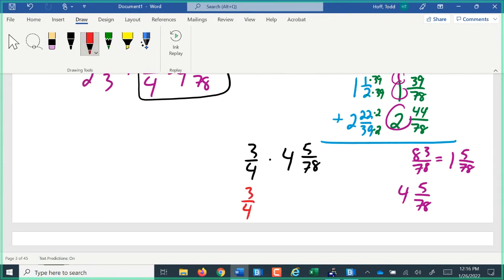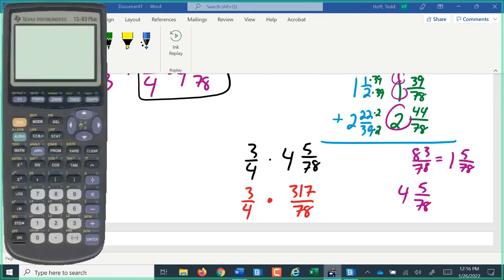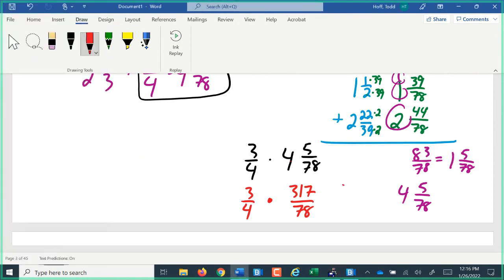It's already just a fraction, but I have to do the 4 and 5 78ths into an improper fraction. 4 times 78 is 312, plus 5 is 317 78ths. Now let me double check this quick to make sure. 4 times 78 is 312. Good.